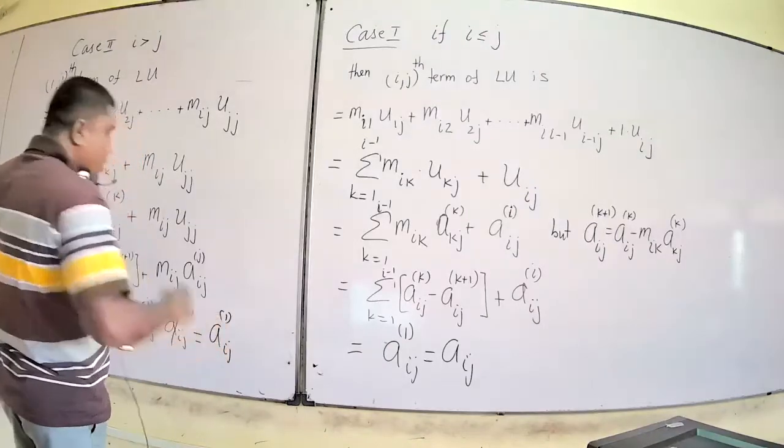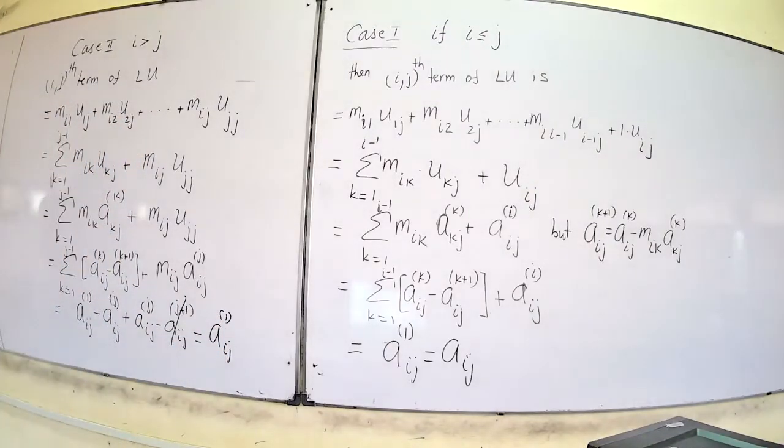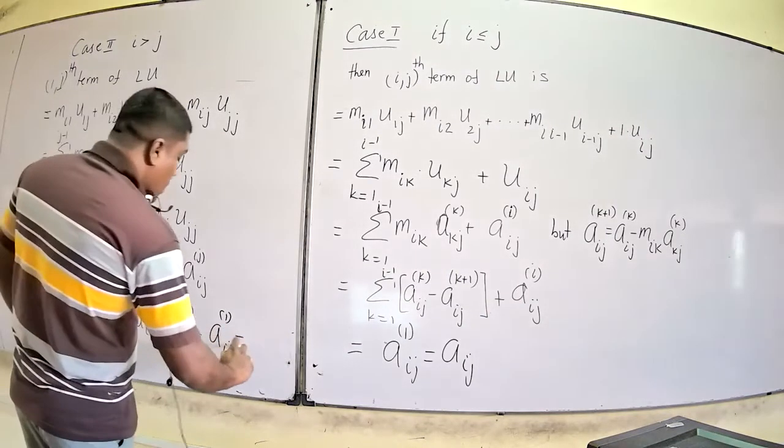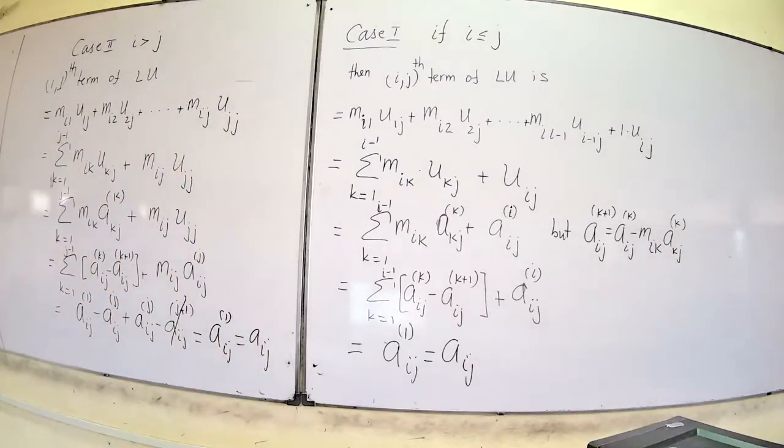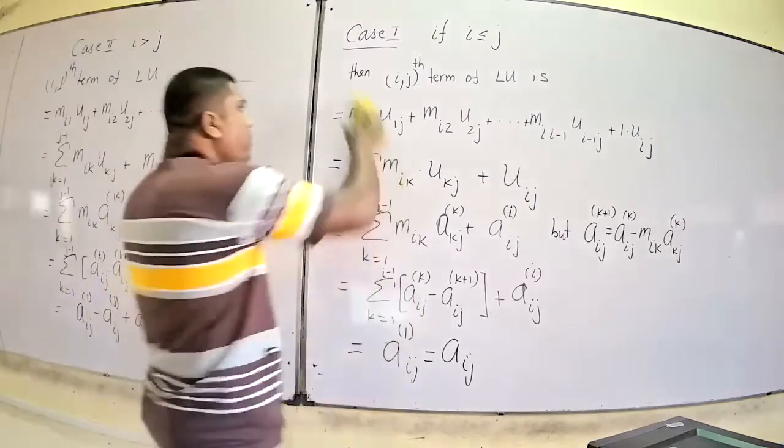This is because of the way we do Gaussian elimination, where this one goes to 0. So this is again aij1, which is aij. So in both cases, we prove that the ijth component of the matrix multiplication gives you the corresponding component in A.